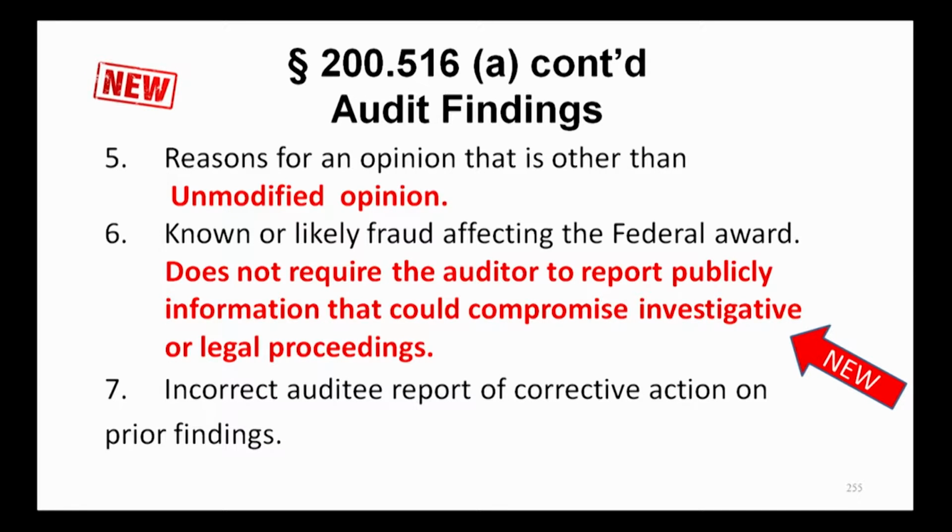So if an auditor finds instances or occurrences of fraud, they're not required to make that information public if there's potentially going to be an investigation with the Inspector General. They have the ability to not make that public, to make sure the investigations are not hindered.